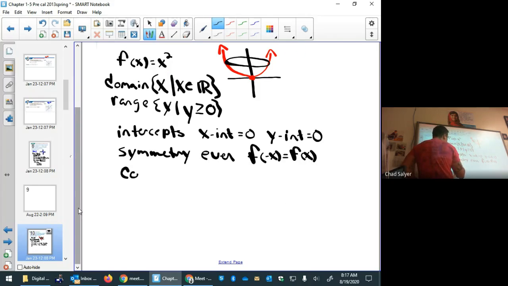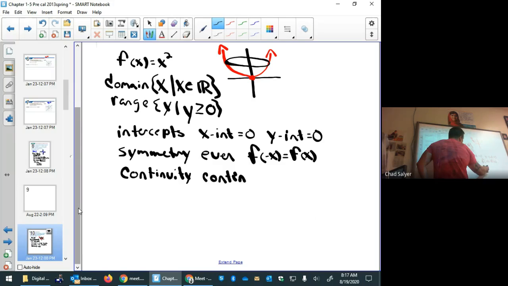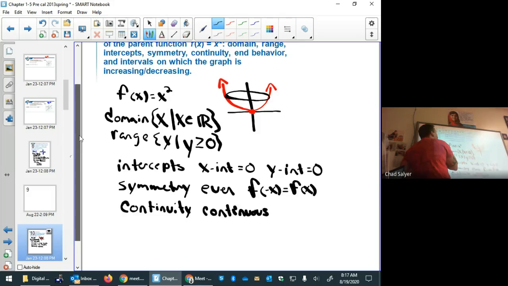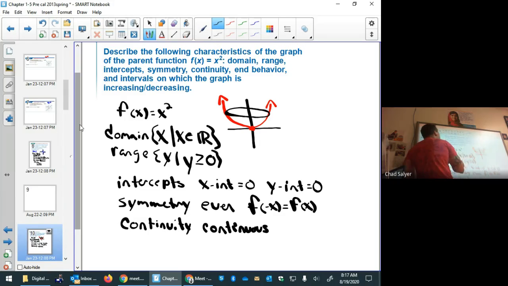Continuity. This function is continuous. In other words, you could graph it without picking your pencil up. You'd never have to pick your pencil up, no matter which portion of the graph that you were drawing. End behavior.